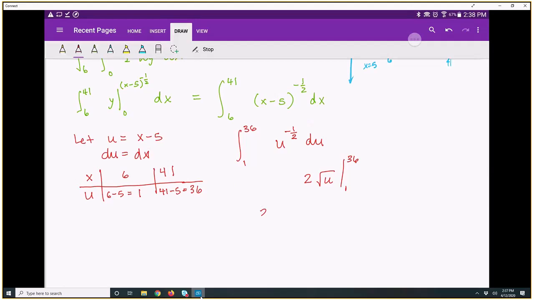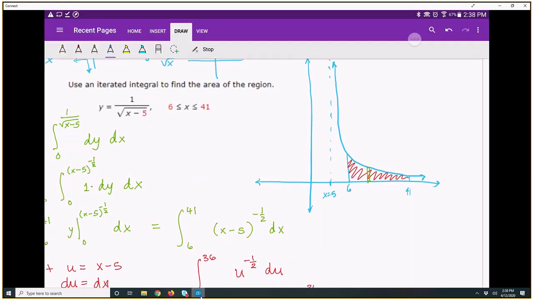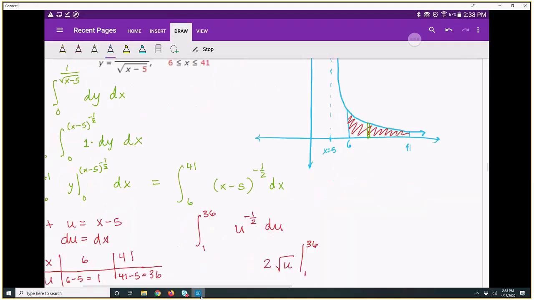So I have 2 square root of 36 minus 2 square root of 1, which is 2 times 6 minus 2, which is 12 minus 2, which is 10. So that answers this question. The area bounded by the curve between 6 and 41 is 10.